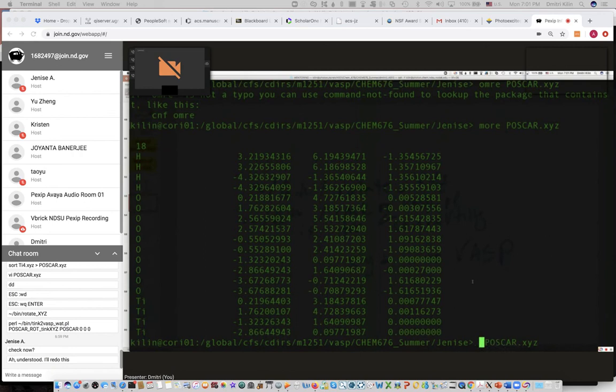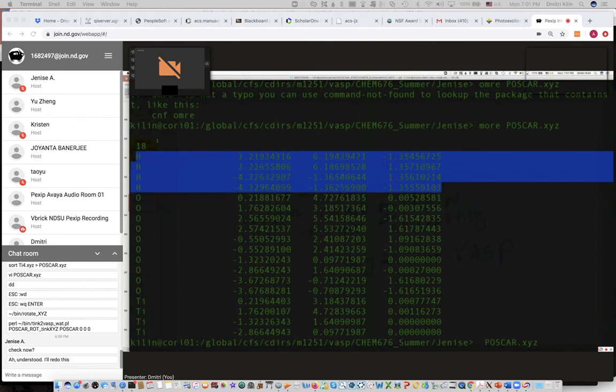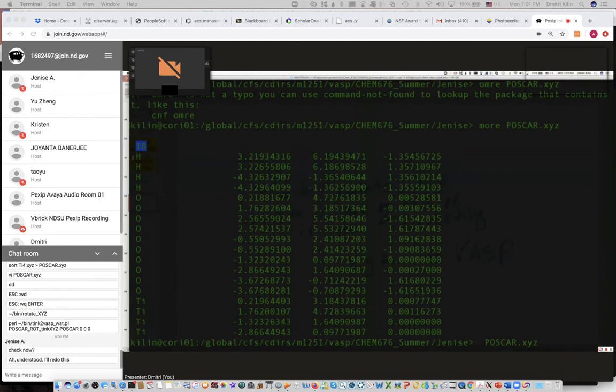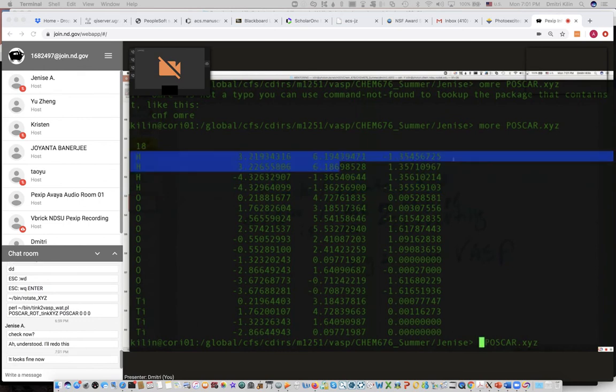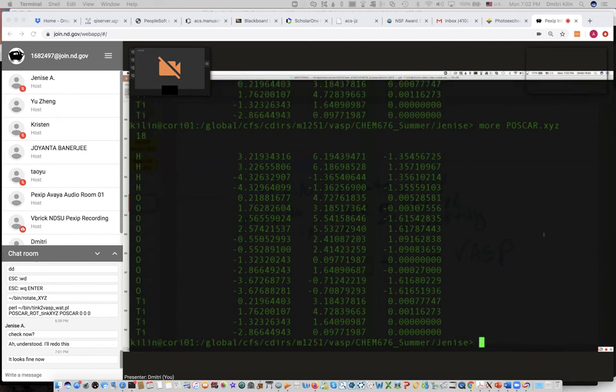So I did recreate, and you see there are 4 hydrogens, and one needs to insert an empty line between the 18, the number of atoms, and the first lines with coordinates. Okay, let me more. Perfect. And after this, yes, I did double check.